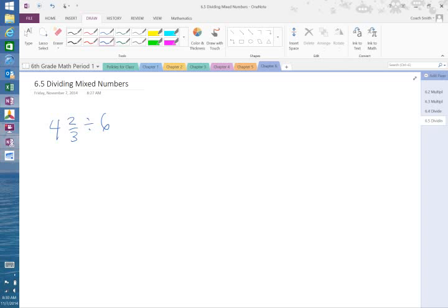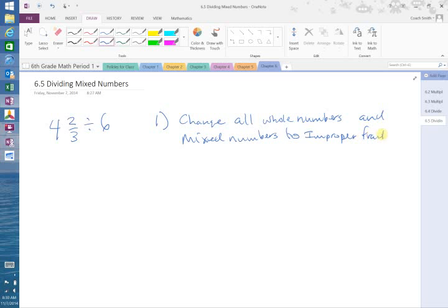Now, the one extra step here is we have to change all whole numbers and mixed numbers to improper fractions before any other steps.